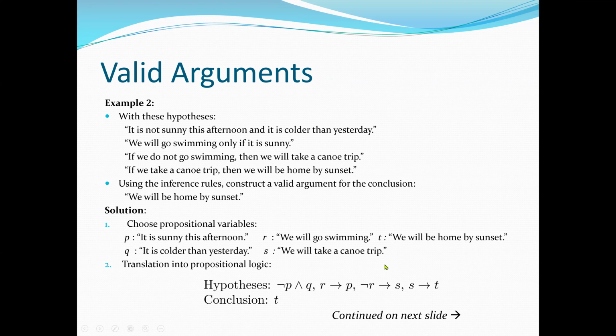So based on the hypothesis, we can say not P and Q, and we have R implies P, not R implies S, and S implies T. Again, when you read the question, these are the conditions we get. So the conclusion here will be T. That's the last statement.